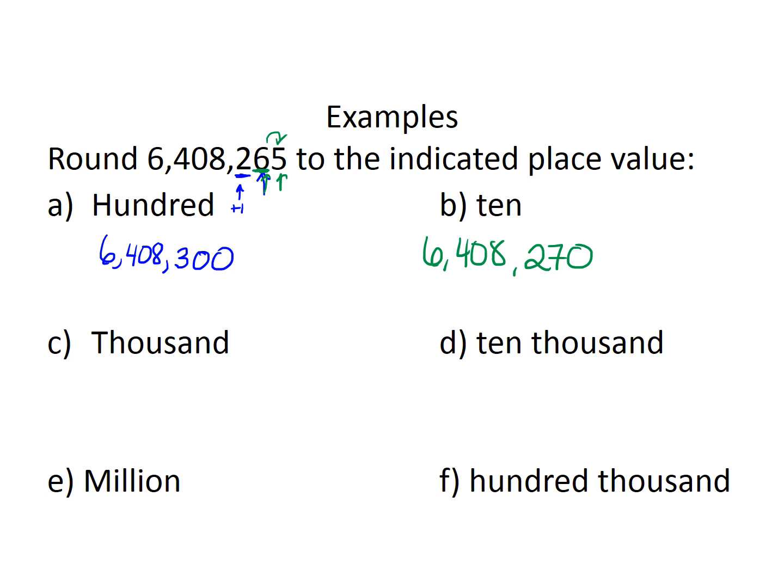All right. The nearest 1,000, we go out to here, so everything before the 8 will remain as is. And we look to the digit to the right of 8, and it's less than 5. So we keep the place that we're rounding to the same, and we replace the other ones with zeros.